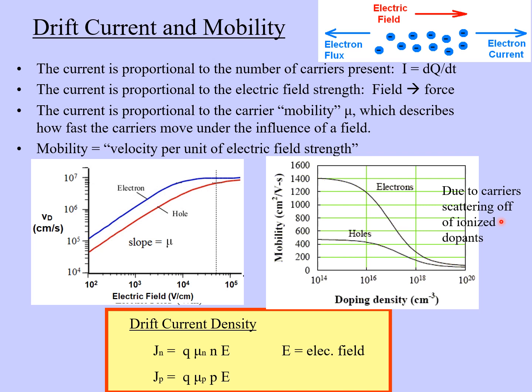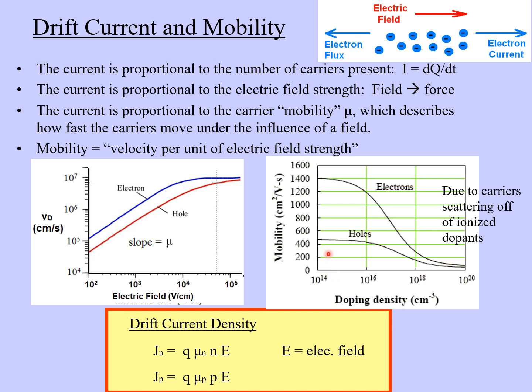Those ionized dopants cause electrostatic Coulomb scattering of the electrons. So the electrons, instead of being able to just drift right through the semiconductor, are bouncing around, getting deflected and scattering off of all those charges. So with higher doping, you can see the mobility drops to something like 150 for really heavily doped silicon.